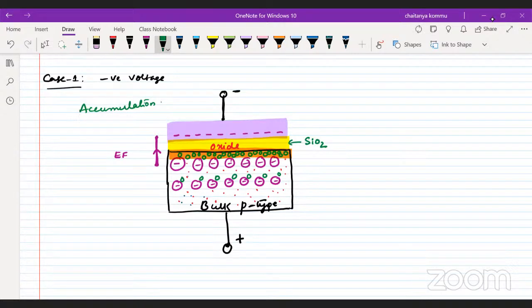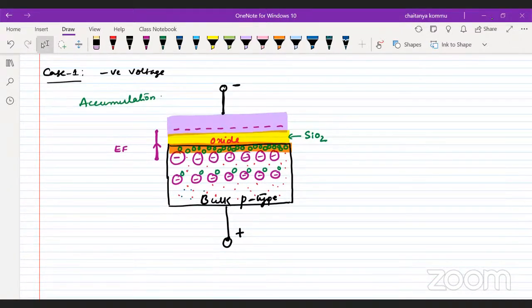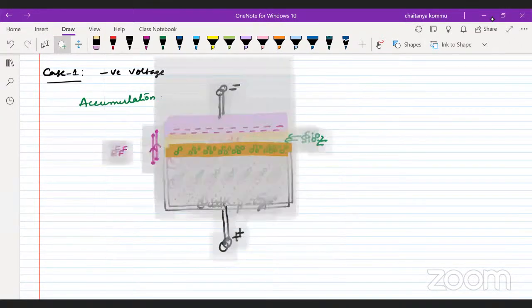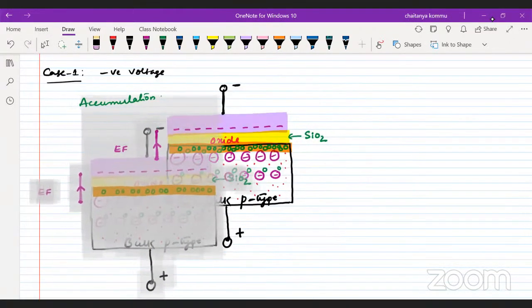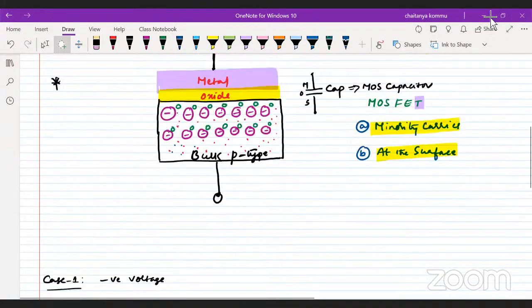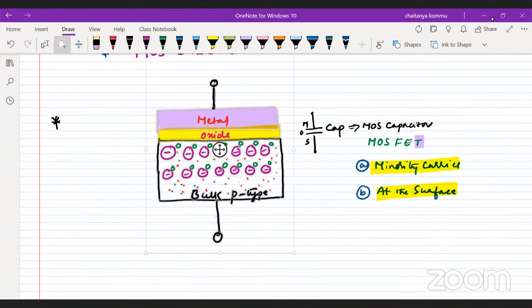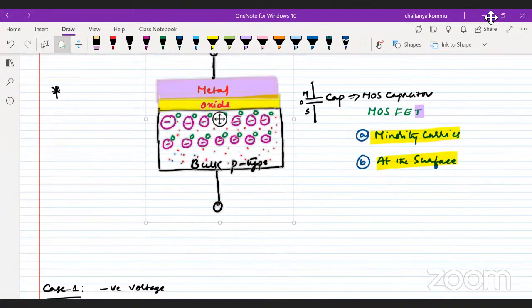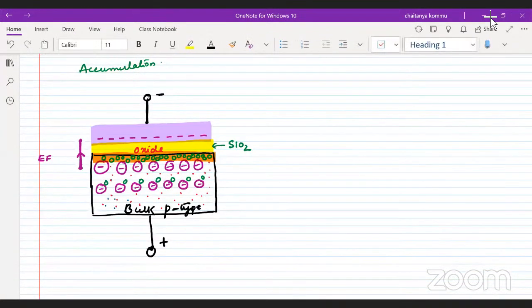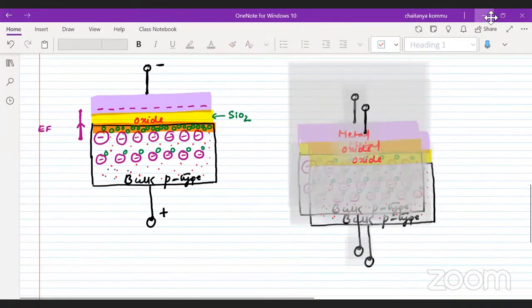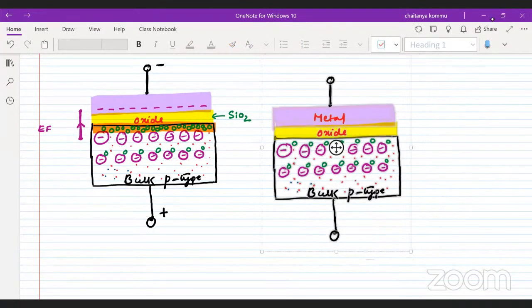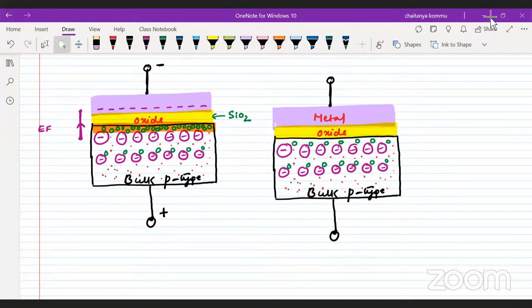Therefore, we apply a positive potential then. Let us take this diagram only. Now we would like to apply a positive potential. That means we place a positive charge here, and with respect to it, the bottom one is negative.